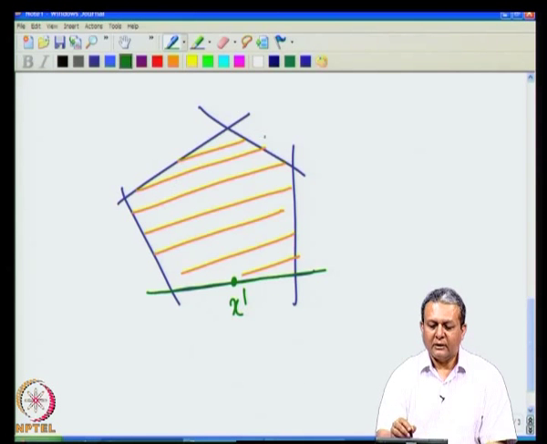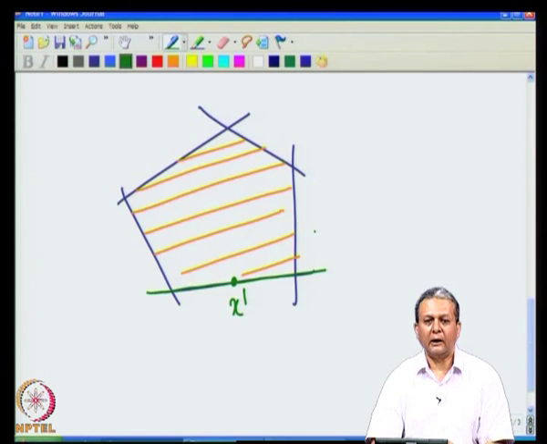The other 4 constraints here are inactive. Inactive means that the corresponding constraint is satisfied with inequality, and this is the only constraint which is satisfied with equality.